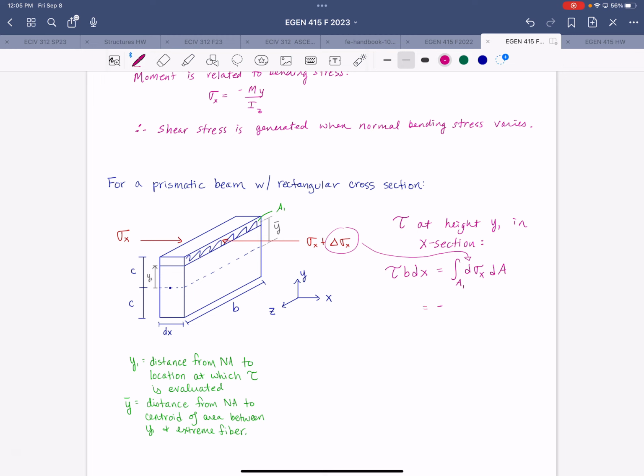So this becomes negative integral over the area A1, substituting in our relationship for sigma x here, dM over Iz times y dA.